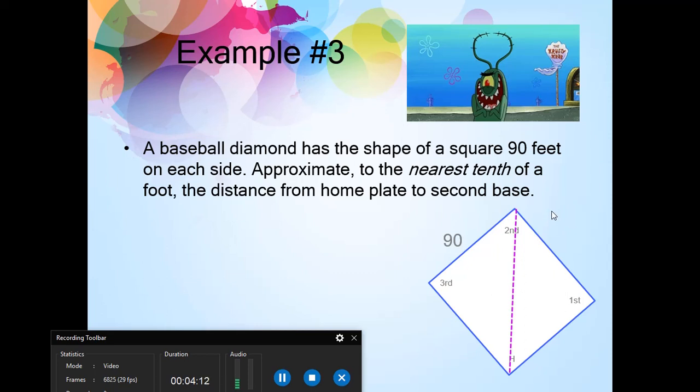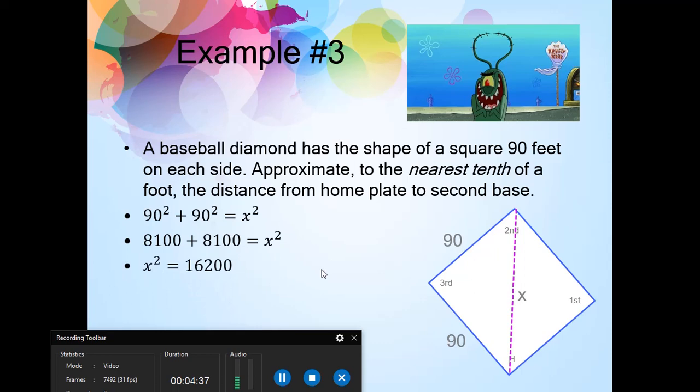We need at least 2 sides to use Pythagorean theorem. Since this is a square, I know that the other side here on my triangle is also 90. And then I'm looking for the purple distance, which is x. So again, I'm looking for my hypotenuse. So I can go ahead and sub in 90 for both a and b. So we're going to have 8100 and 8100.